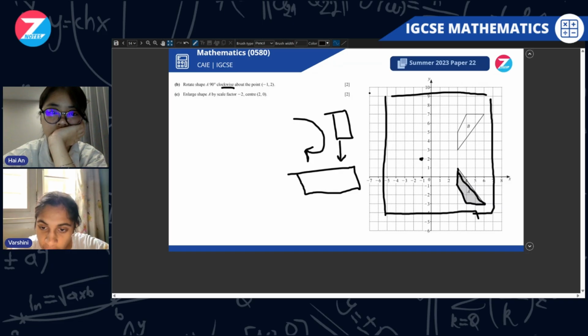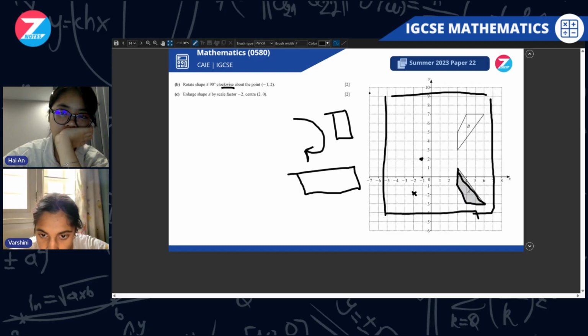And then your shape A is going to come somewhere in this quadrant. So you're going to redraw it after looking at where its rotated shape is. So it should look like minus 5, minus 6, minus 3, minus 6, minus 3 over here.